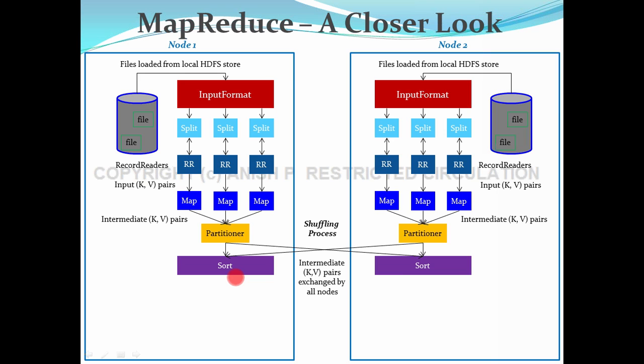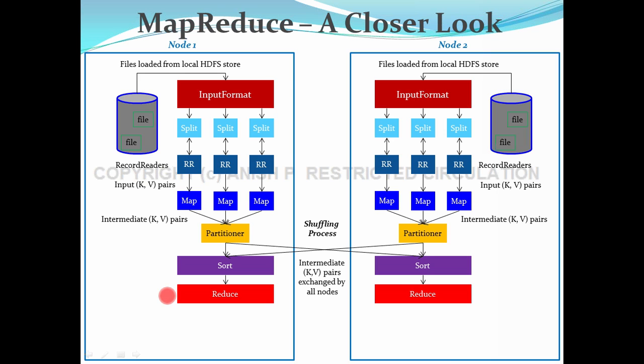After the sorting, my data will be given as input to the reducer. Reducer is the second place where I can write my custom business logic. Whatever I want to do with the data, I can do here at the reducer level as well, where I'll have all the values corresponding to the same key that I sent from the mapper.